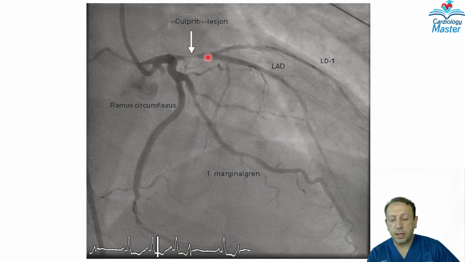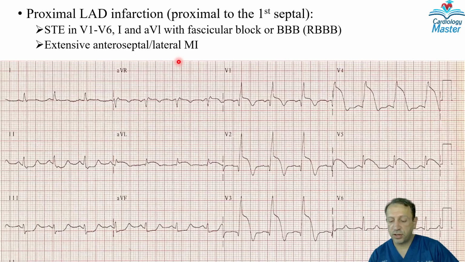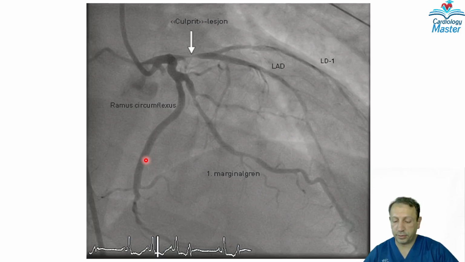If this artery is occluded, this ECG will manifest with anterior ST elevation in V1, V2, V3, V4, V5, V6, and also in leads 1 and aVL, as the diagonal branch has been affected.